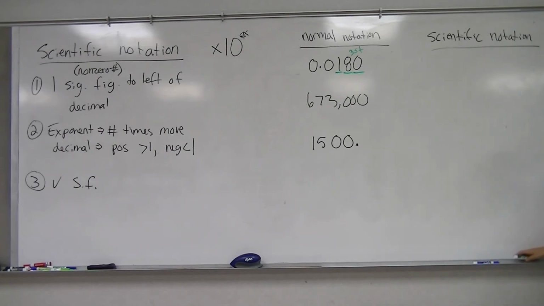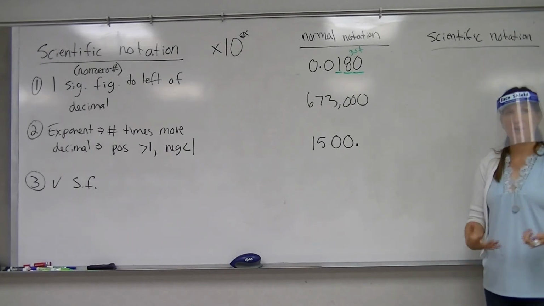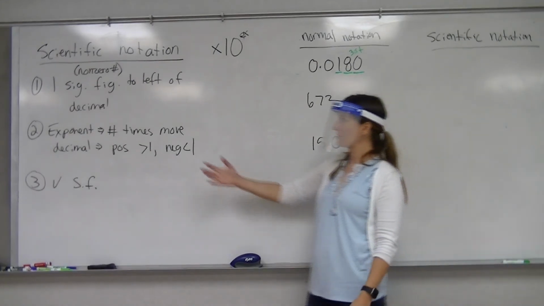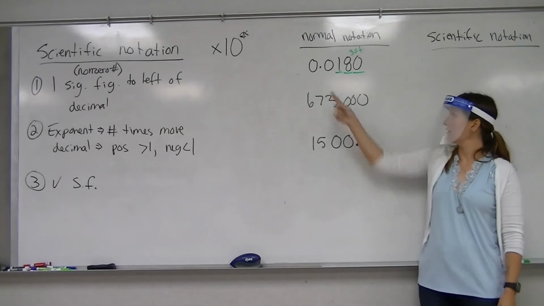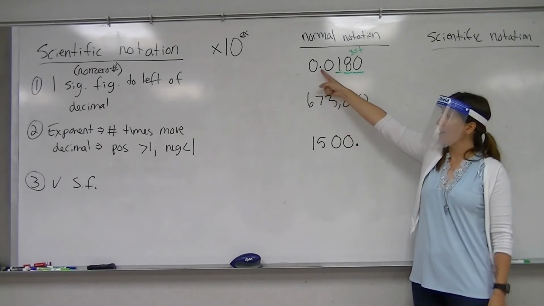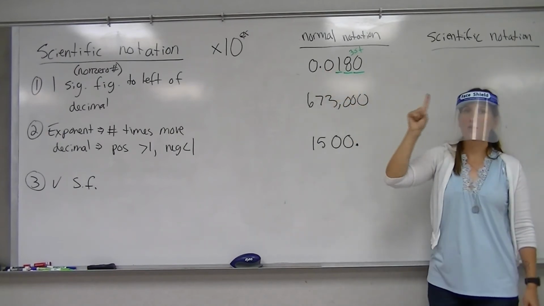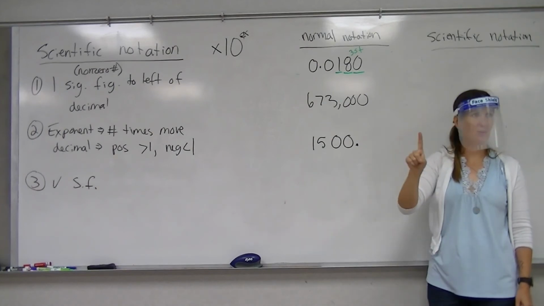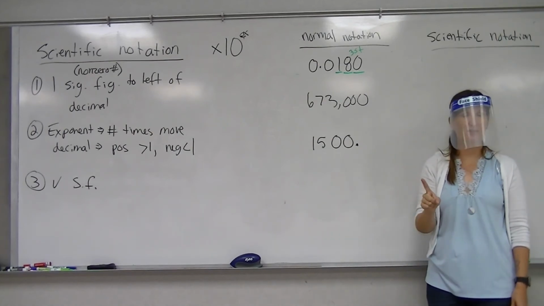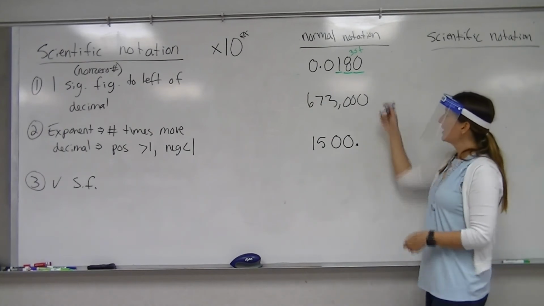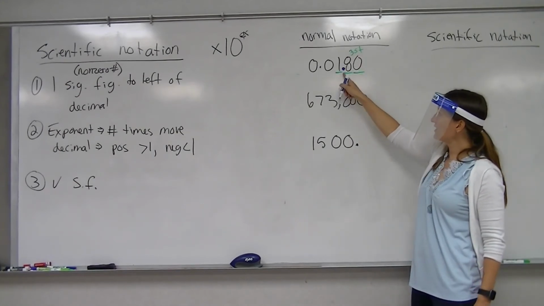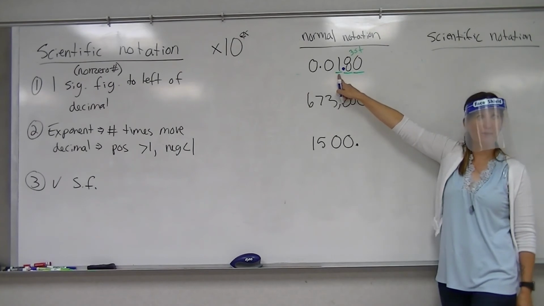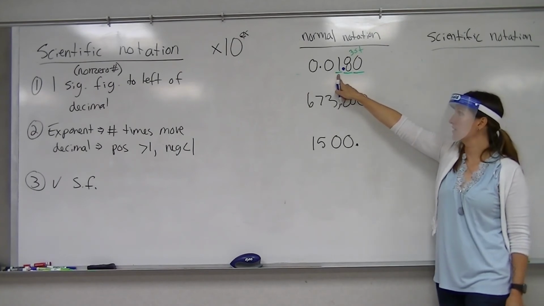So now, let's start getting it in scientific notation. I'm going to start with rule 1. So I'm going to put a new decimal point here. I'm going to move this guy, and I'm going to put it so that there's only one non-zero number to the left of the decimal. And there's only one spot I can put it to achieve that, and that's going to be between the 1 and the 8. So if I put it between the 1 and the 8, I have just one number to the left. That's what rule 1 is saying.